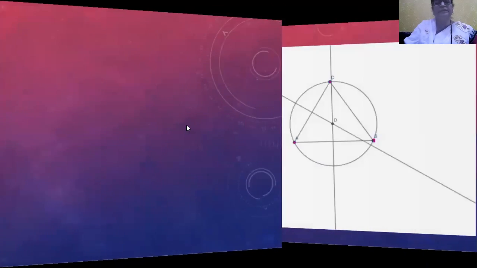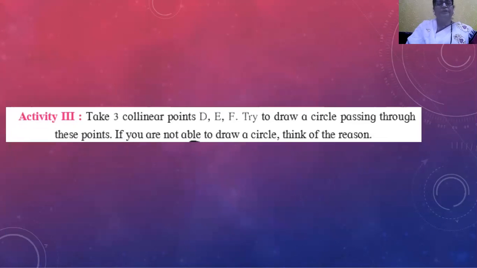Next, we will see here that if you take 3 collinear points D, E, F, try to draw a circle passing through these points. If you are not able to draw a circle, think of the reason.